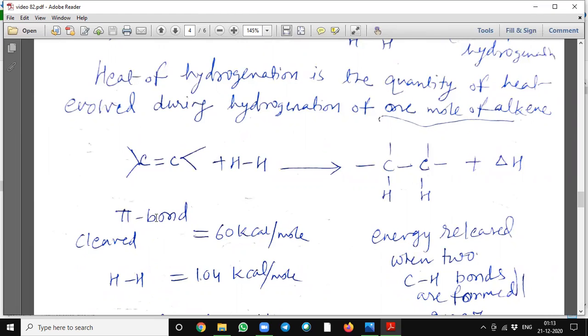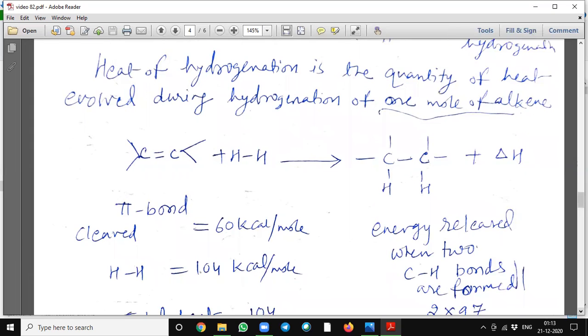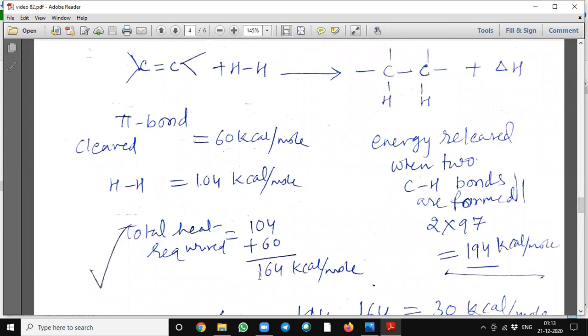When the pi bond is cleaved, 60 kilocalorie per mole of energy is required. When the hydrogen bond is cleaved, 104 kilocalorie per mole is required. So a total of 164 is required.